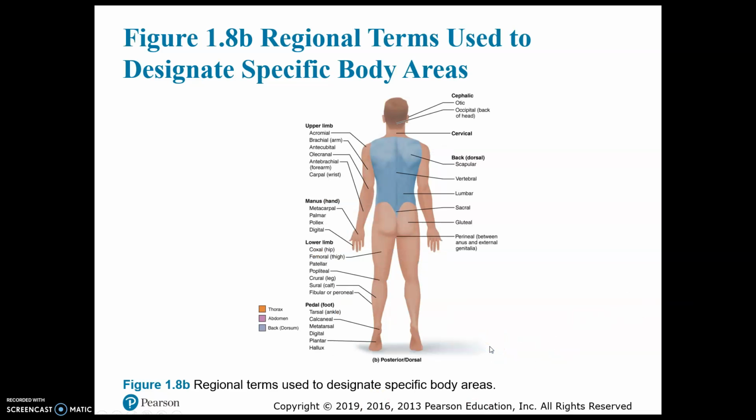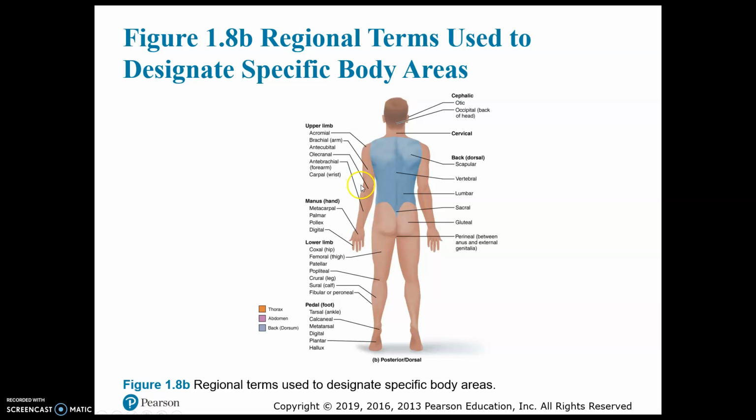So now we have the anatomical man that's turned around, we're looking at his posterior region, and we have some of the same terms. We'll start with the upper limb on this side. We have the shoulder acromial, the arm brachial, and remember arm is upper arm.